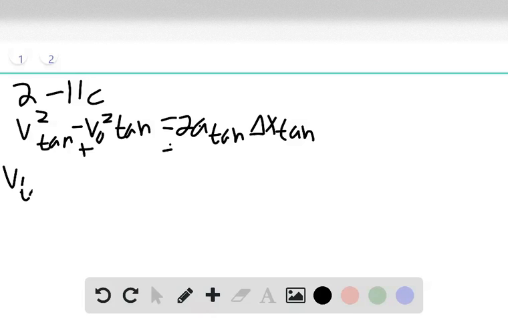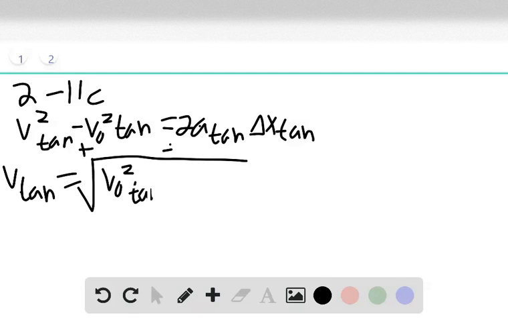So v_tan is equal to the square root of v_naught_tan squared plus 2 a_tan delta x_tan.